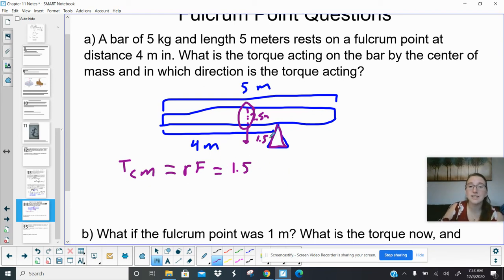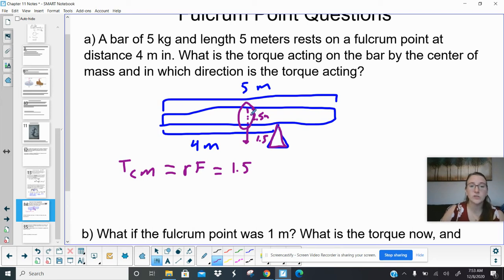Now our force is actually the force of gravity of the bar. That center of mass, we can pretend, again, the whole definition of center of mass is we can do all of our math like all of the mass is concentrated in that point. That's the definition of center of mass, right? That's why if I place my finger right there on the bar, it would balance. We can pretend all of the mass is concentrated there.